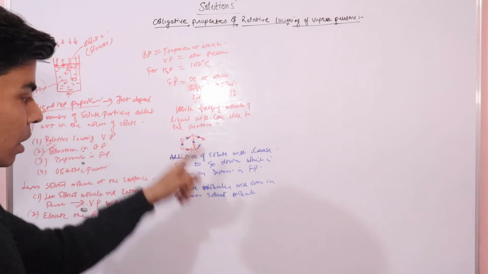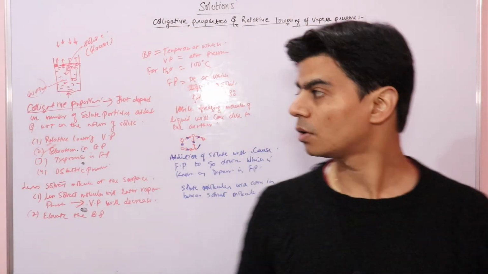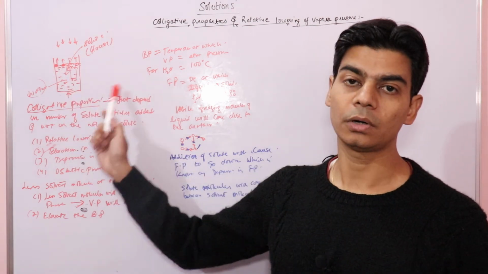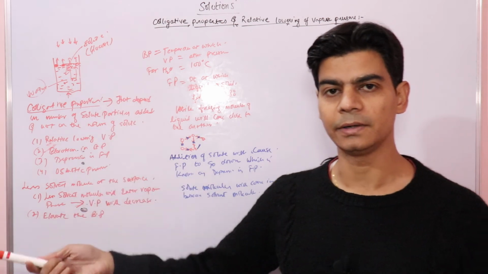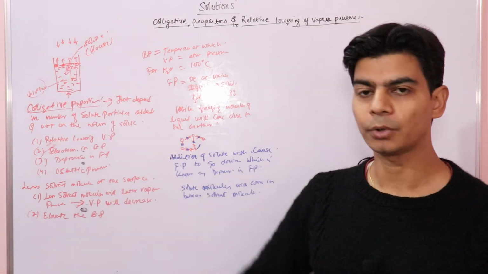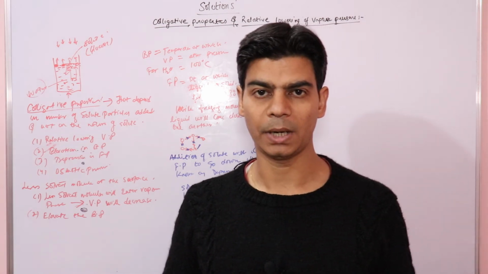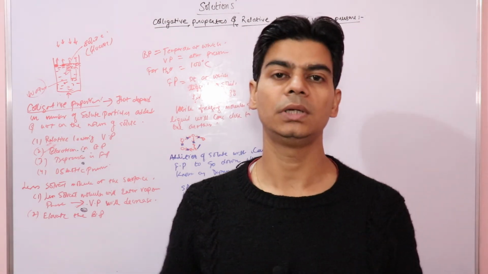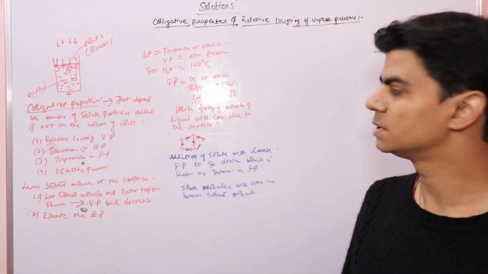So these are colligative properties, which depend on the number of solute particles added. These types of properties that depend only on the number of solute particles added and not on the nature of the particles are known as colligative properties.